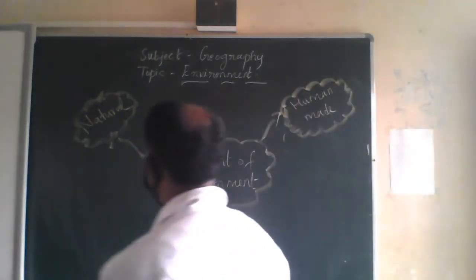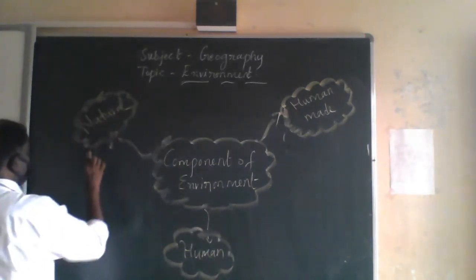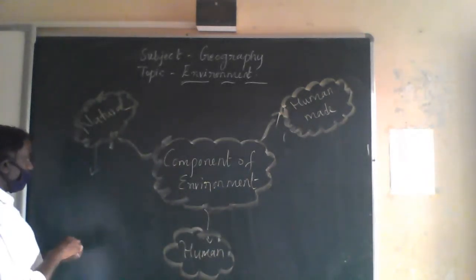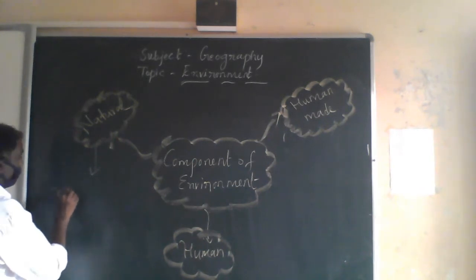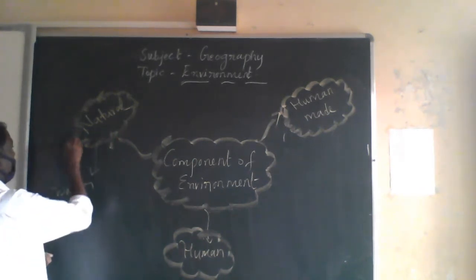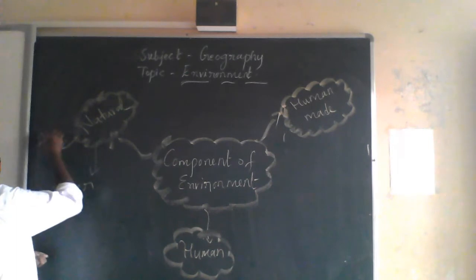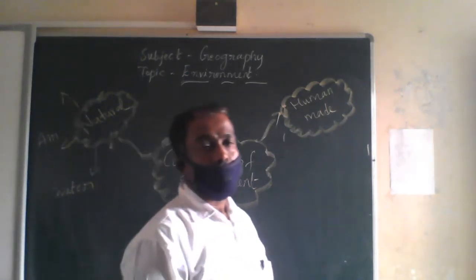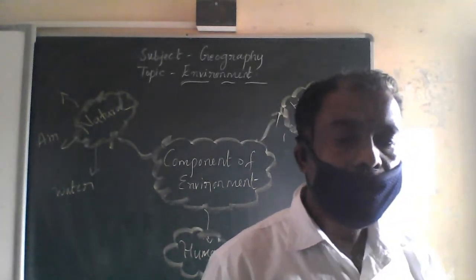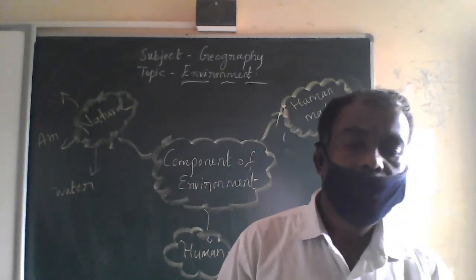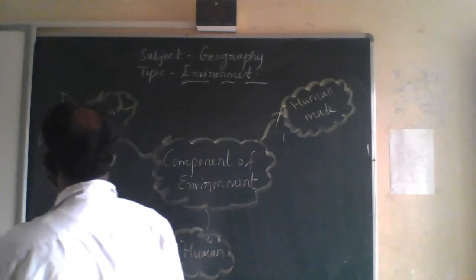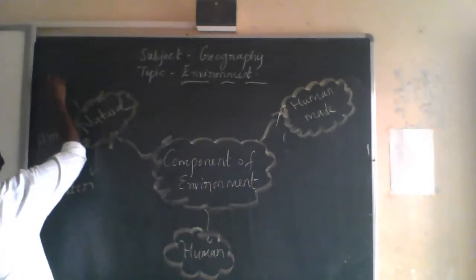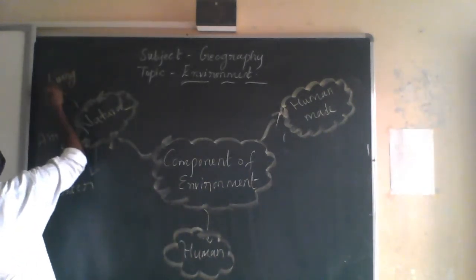See, in the natural environment, whatever is there in our surrounding, for example, water and air. Can anybody guess? Water, air. Next, a more important one: living beings.